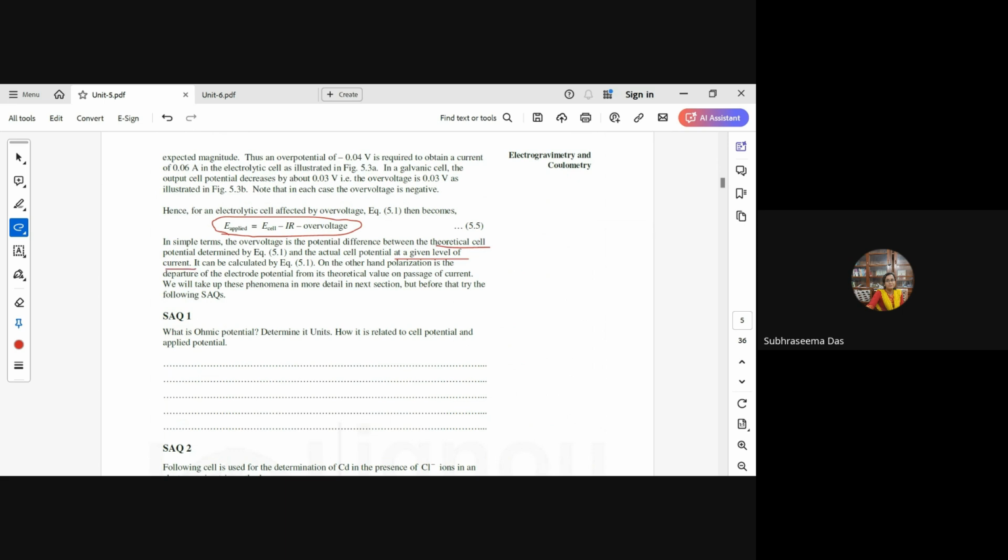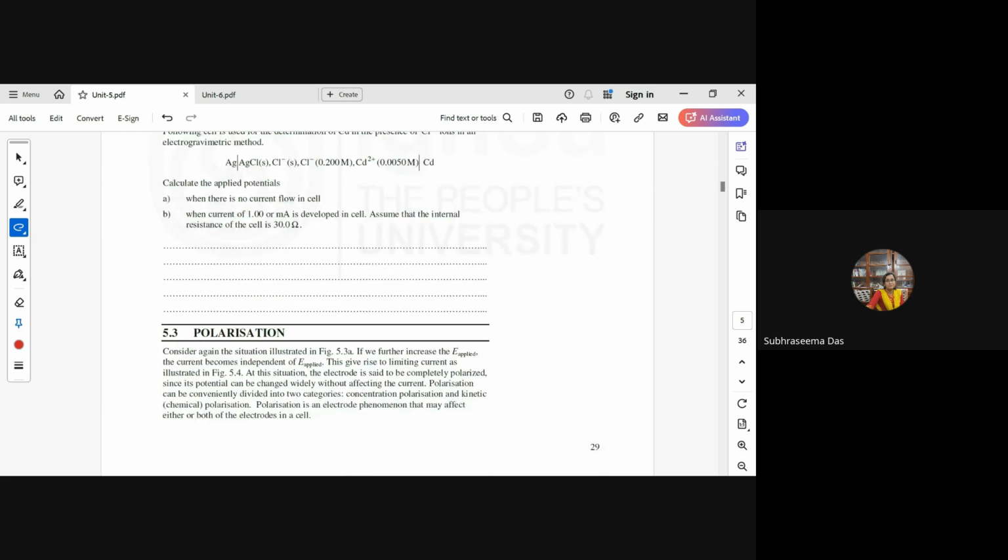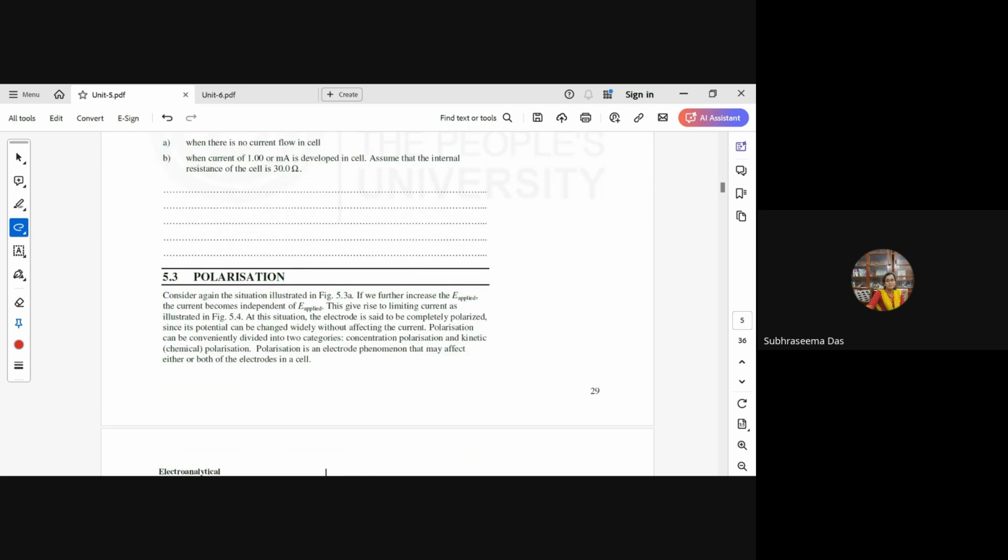Overvoltage represents the difference between the theoretical calculation of EMF and the E applied that we have calculated by deducting the IR drop. The difference in those values gives us the total value of the overvoltage, which is an important factor.